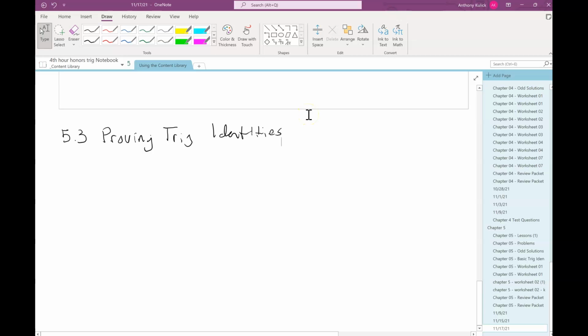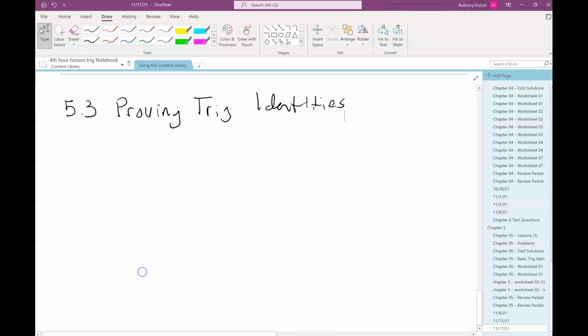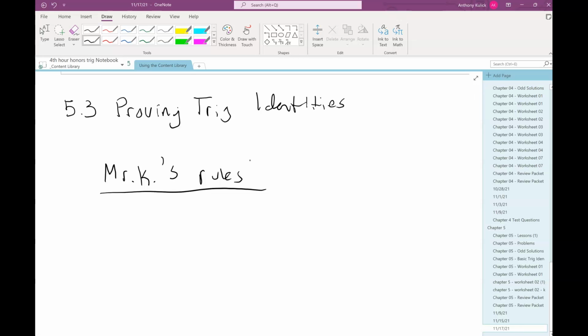So we're going to start with just some rules to use when doing this. Only one of these rules is like a hard and fast rule. The other ones are just kind of suggestions.